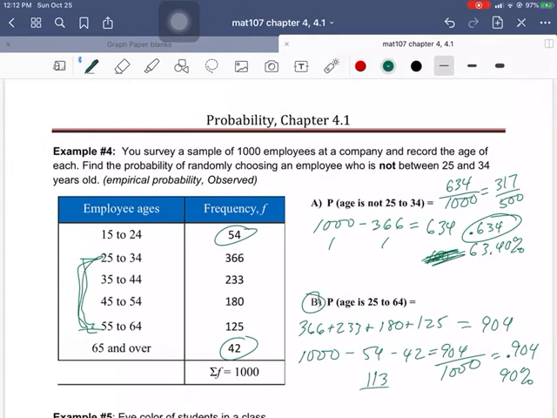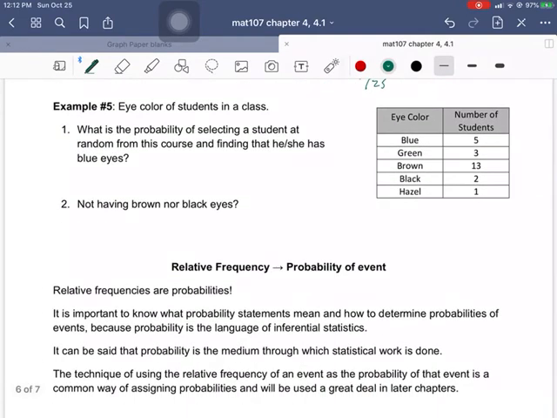Reduced fraction there. Okay. Eye color of students in a class. Probability of selecting a student that has blue eyes. Well, let's see. Right there, out of how many need to be asked. So we add them up, we get 24.